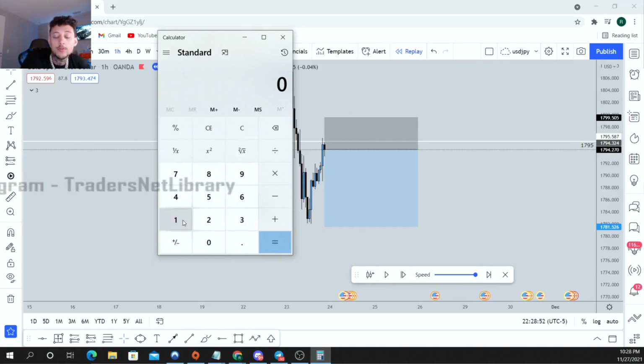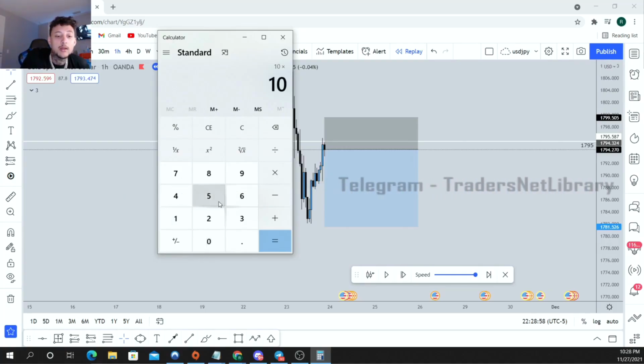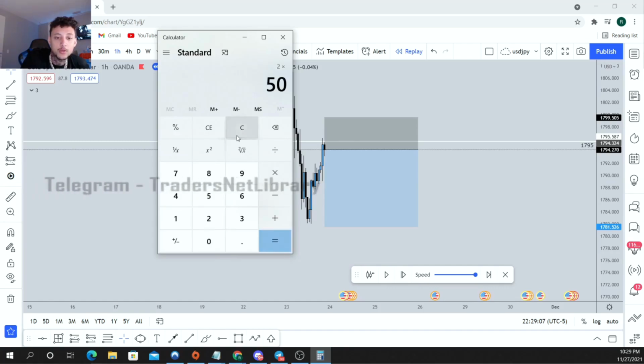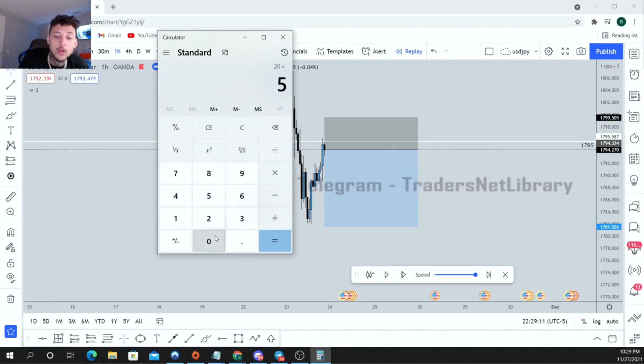So we know if we enter a one lot, we're going to be making $10 per pip. And $10 per pip at 50 pips is going to be $500. So if we just multiply that by 2, then we'll be able to see 2 times 50, or my bad, 20 times 50, because we're making $20 per pip on 2 lots. That's going to be $1,000, right?